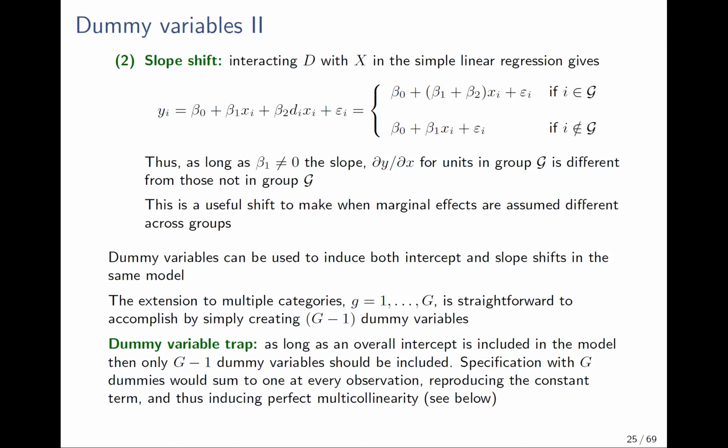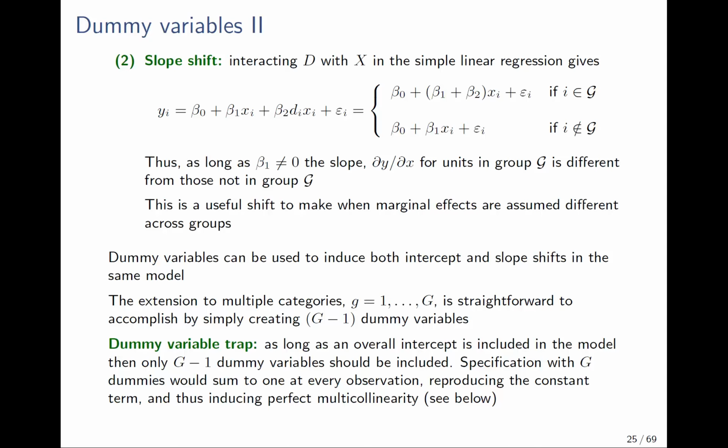With G categories, we create G-1 dummy variables, and that brings us to what's called the dummy variable trap, which is important in practice to always remember. As long as you include an overall intercept in the model, only ever introduce G-1 dummies to the model.